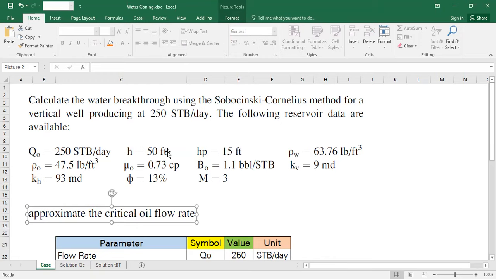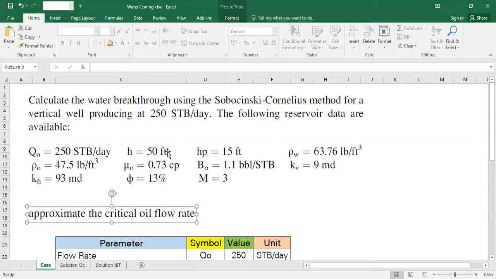The maximum flow rate where we will not have water coning. Okay, so you can see from positive or from negative perspective, all right? But one definition that we want to apply here in this case is this is the maximum flow rate at which we will not have water coning.